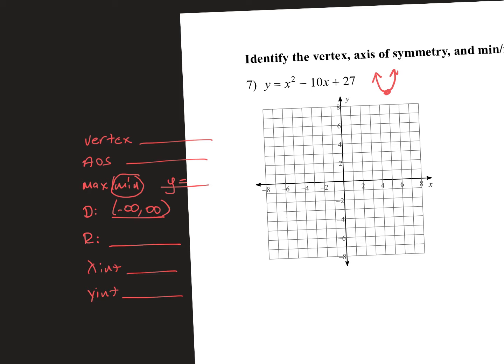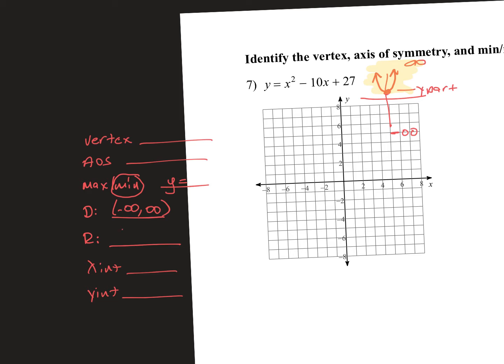Good. Now, we're talking about range, right? Down here is negative infinity. This is the y part of your vertex, and up here is positive infinity. Where does our parabola exist, from where to where? From the y part to infinity, or from negative infinity to the y part?